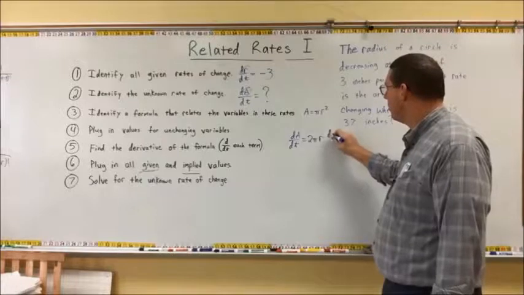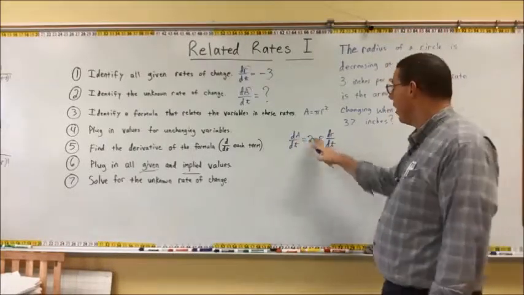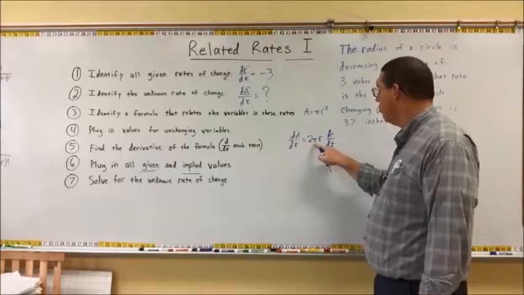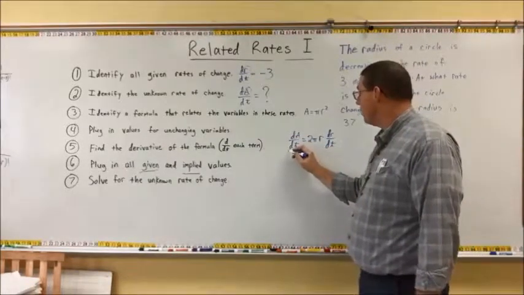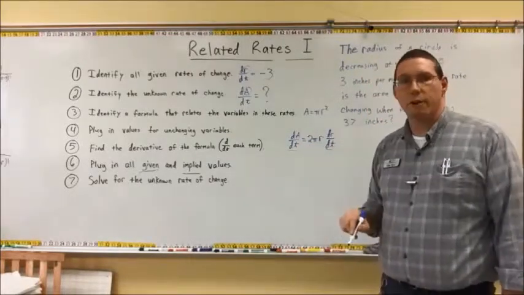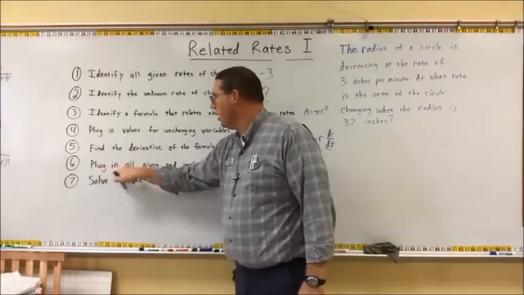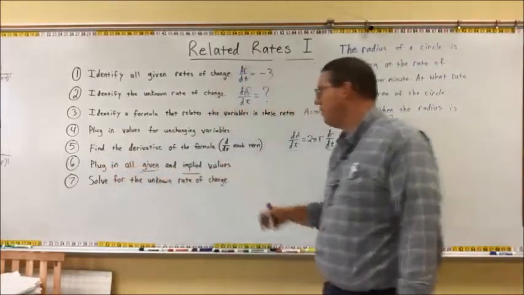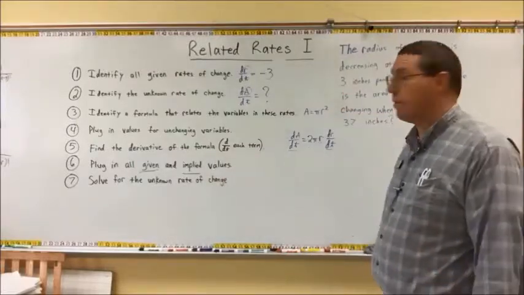And then we have to put a dr/dt on there. So here's our entire derivative: dA/dt is equal to 2 pi r dr/dt. And we have 3 variables here. We have dA/dt, we have radius, and we have dr/dt, the rate of change in radius. So now for step 6, plug in all given and implied values. We'll get to implied values later. For now, we're just given information.